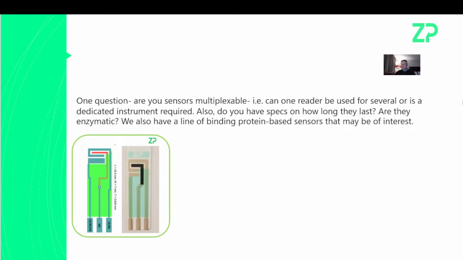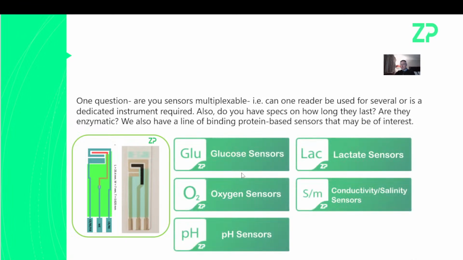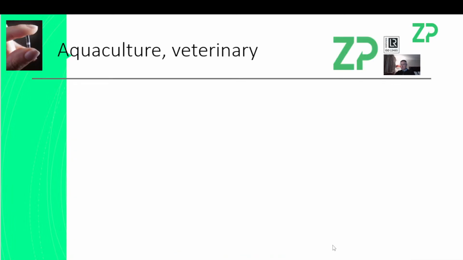Obviously, I prefer to use our potentiostat because it's easier to support, but the quick answer is yes, you can use lab instruments to run our sensors. If you're measuring the oxygen sensor, it's an amperometric measurement. For the pH sensor, it's an OCP, open circuit potential measurement. For conductivity, we would use an impedance type measurement.